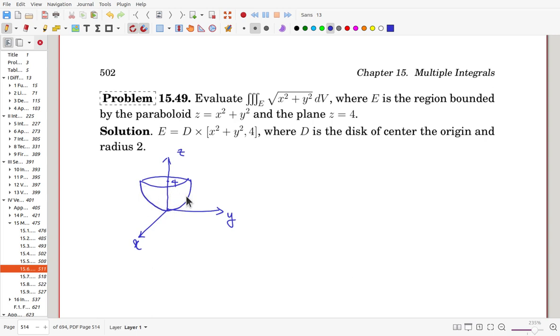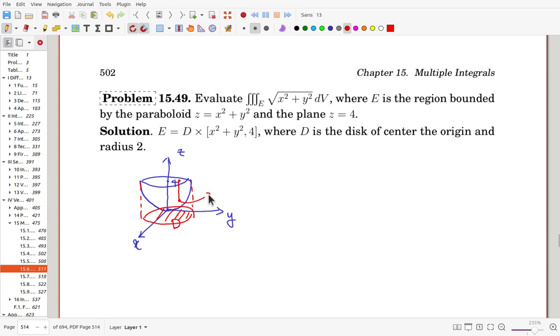Now the strategy is we have to separate this E into two parts, so that we get a two-dimensional area. In order to do that, let's project this onto the flat plane. Then we have that one, and that is D. For each point in D, the bottom is the paraboloid, and the top will be 4, in the z direction, bottom to top.